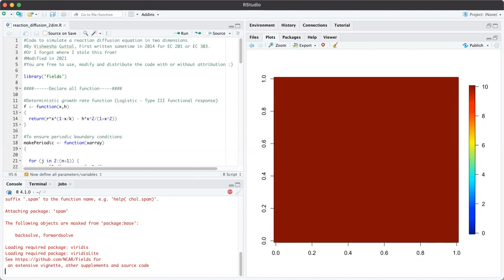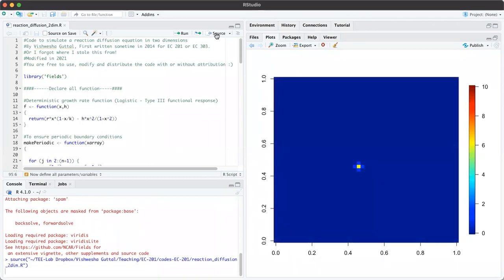You can see everywhere it has now reached a value of K, right? K was 10. I'll stop it and run it again just for you to see. See what happened now? What happened to the brightness at the center initially? It dropped. So I had put in K density at the center.